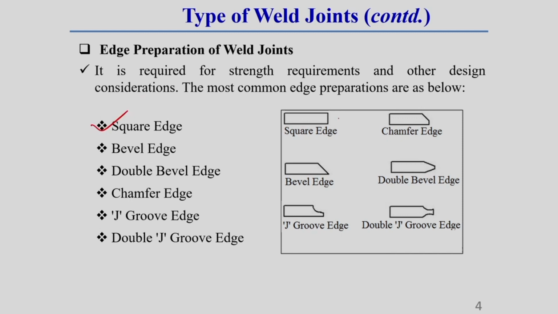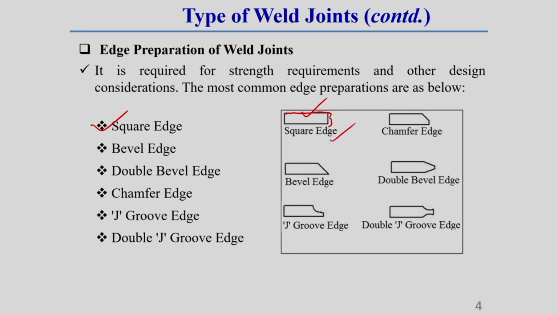Using a square edge means the edge of the joining surface is perpendicular to the plane of the surface. This weld face is also sometimes called the faying face. You see this faying face is generally perpendicular to the surface of the weld plate. So, it is called a square edge preparation.